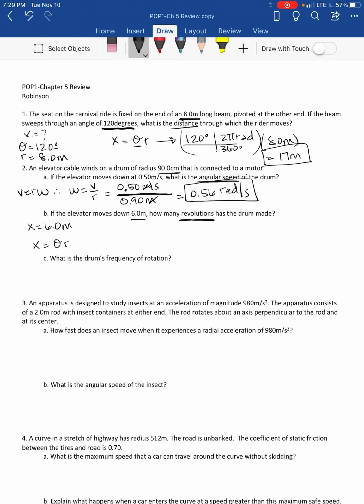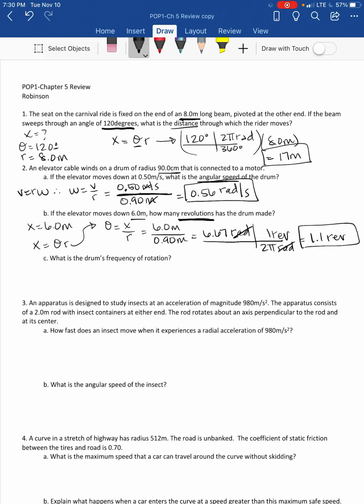So if you rearrange this equation to solve for theta, just put in 6 meters divided by your 0.9 meter radius again. So if you take 6 divided by 0.9, you should get 6.67-ish radians. And it doesn't want us to find radians, it wants us to find revolutions. So you have to convert that over. So 2 pi radians is 1 revolution. So multiply by 1, divide by 2 pi, you should get 1.1 revolutions.